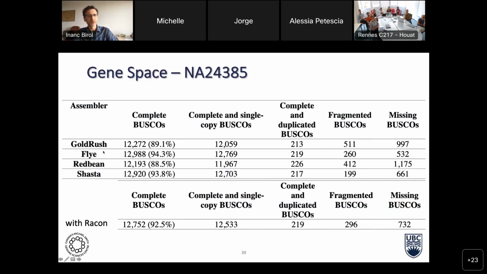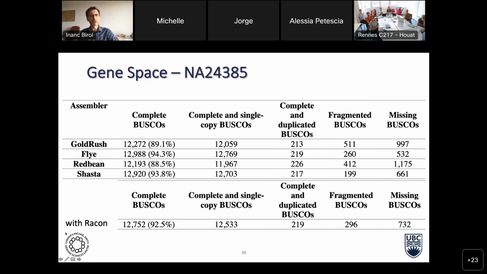And GoldRush, Fly, Red Bean, and Shasta do have a range of complete BUSCOs. The lowest being the Red Bean assembler, and the highest being the Fly. And the GoldRush assembly here, this particular assembly was polished using ntEdit and Sealer.